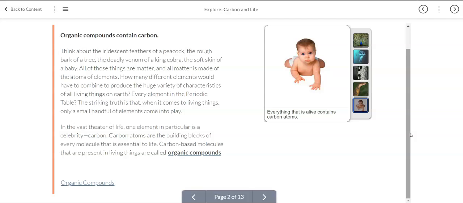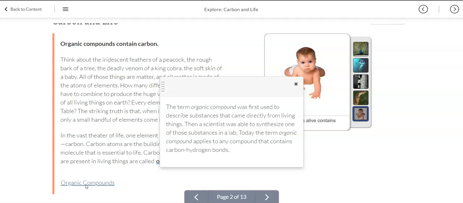Carbon-based molecules that are present in living things are called organic compounds. The term organic compound was first used to describe substances that came directly from living things. Then, a scientist was able to synthesize one of those substances in a lab. Today, the term organic compound applies to any compound that contains carbon-hydrogen bonds.